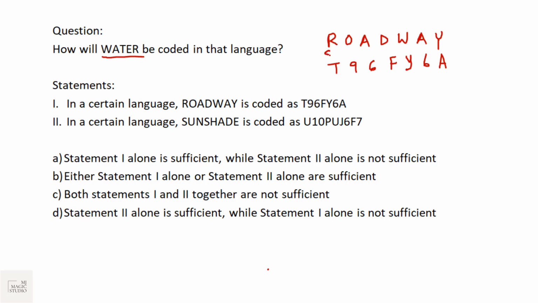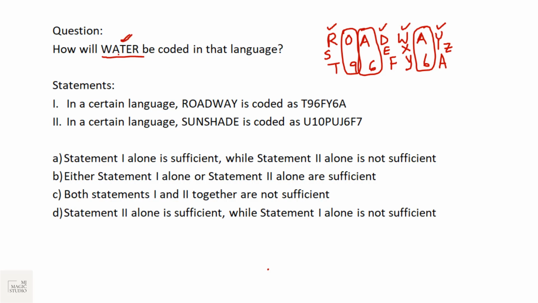Okay, RSTDEFWXYYZA. That we can understand that for consonants it's 1 letter jump, and for vowels these are the numbers. For A is 6, for O is 9.